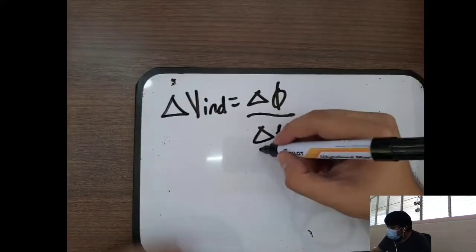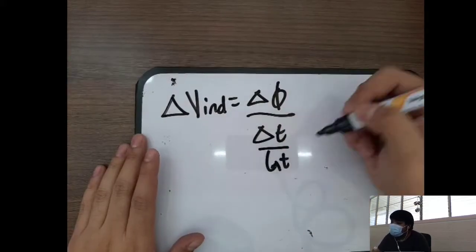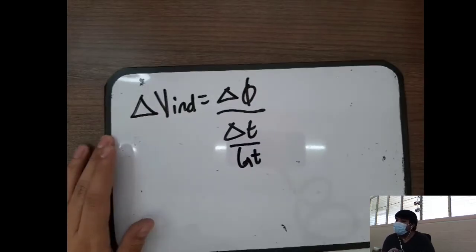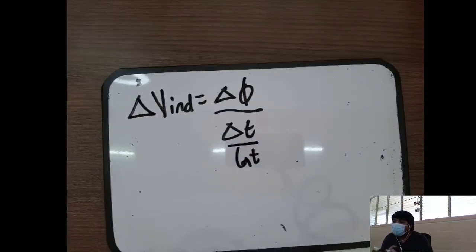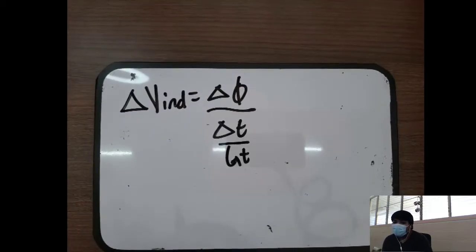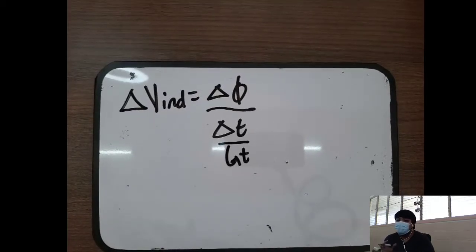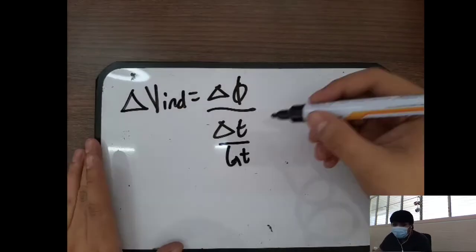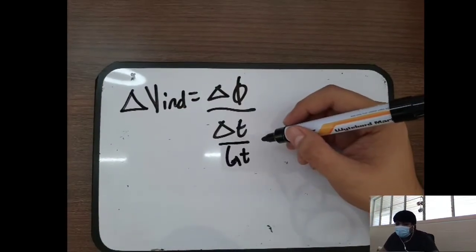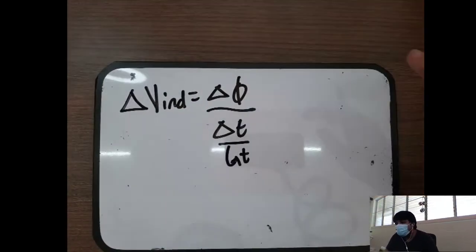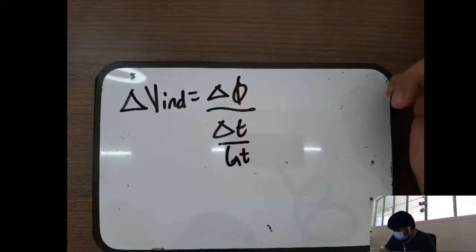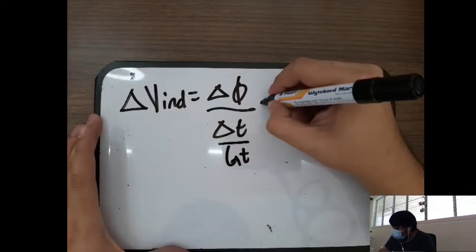Now, in this case, the change in time will simply be t, because we assumed that before we pull the rail at a velocity v, the start time is 0. So delta t will be equal to the time after you pull it. Okay?